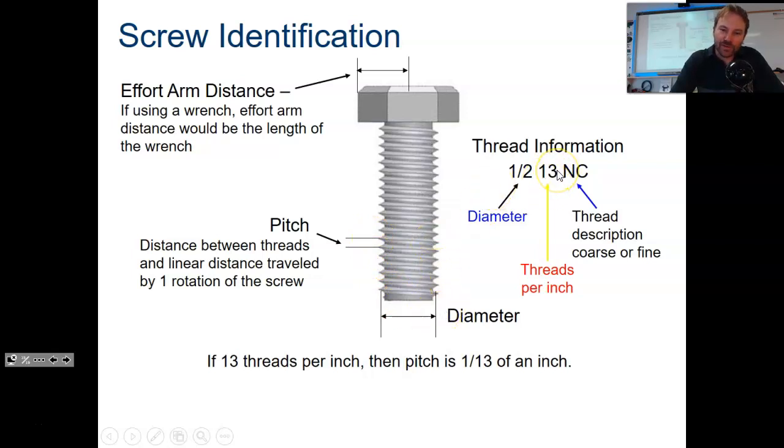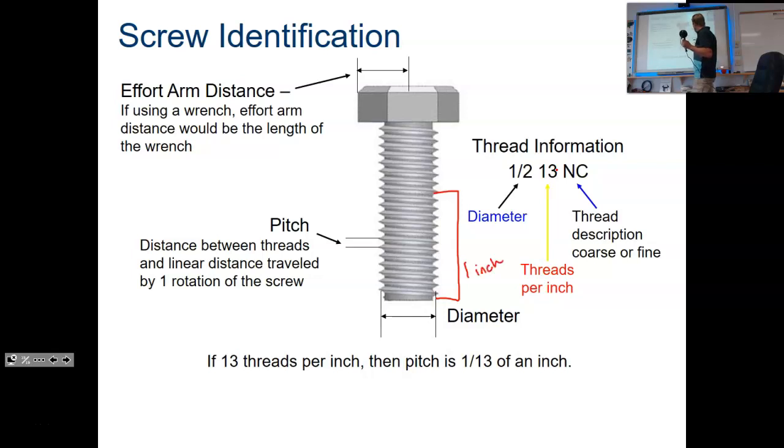13 is the number of threads per inch. So if you were going to label out 1 inch, this would be 1 inch. There would be 13 of these threads. If you counted each of these things, 1, 2, 3, 4, 5, 6, 7, 8, 9, 10, 11, 12, 13.